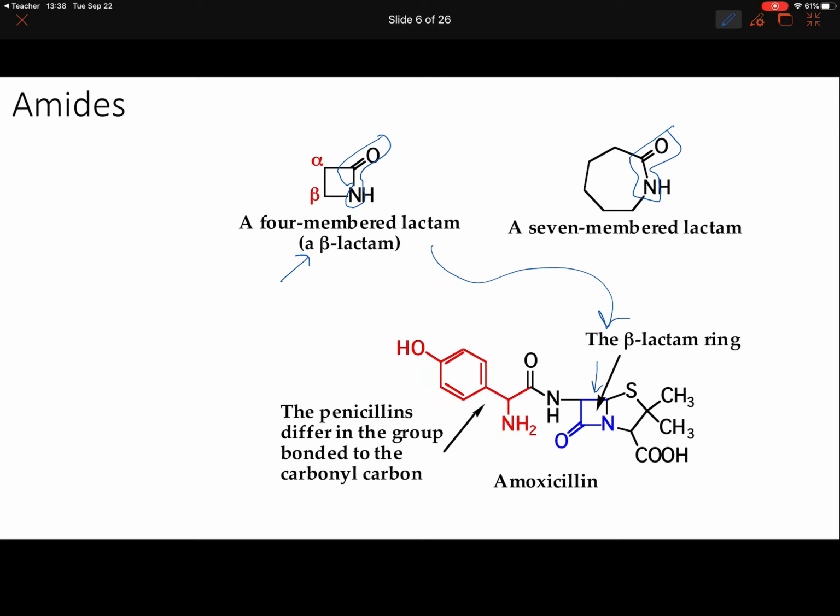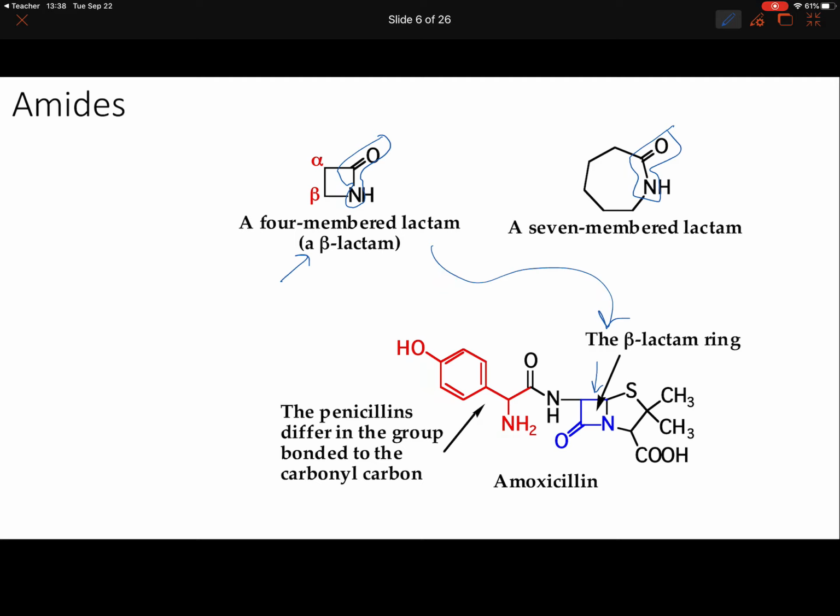Penicillins differ in the group bonded to the carbonyl group. The penicillins are referred to as beta-lactam antibiotics. The differences in the different penicillins, because there's not just one penicillin, there's different penicillins, different strains of that, whatever it is. What is it, a fungus? Anyways, or a mold. Penicillin's a mold, I think.